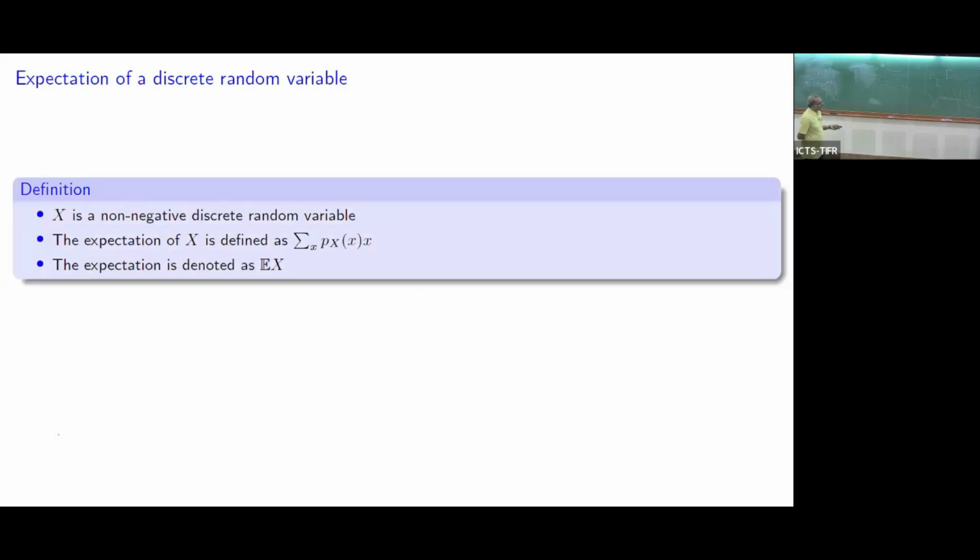When you have a random variable, there are ways to summarize it instead of looking at the complete distribution. This is one simple way to summarize a random variable. It is called the expectation of a random variable. The expectation captures something like the mean value that the random variable can take.